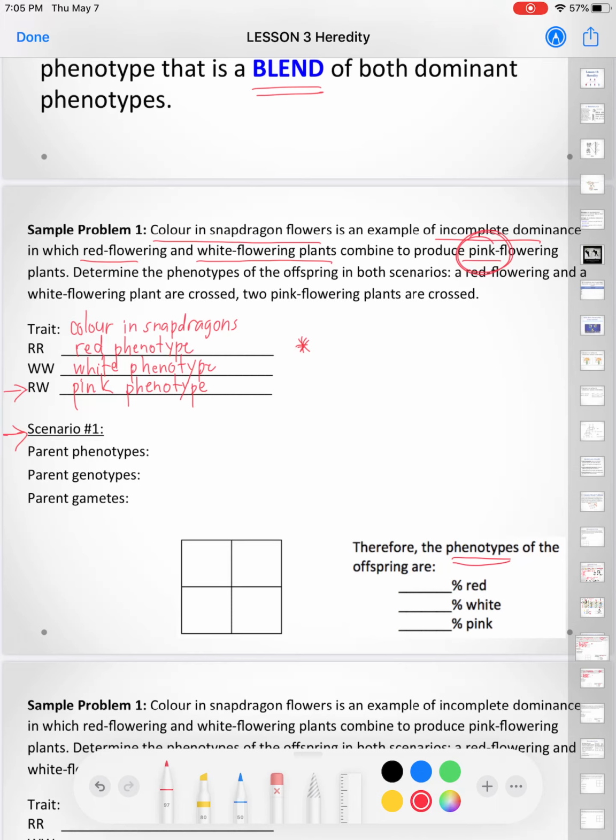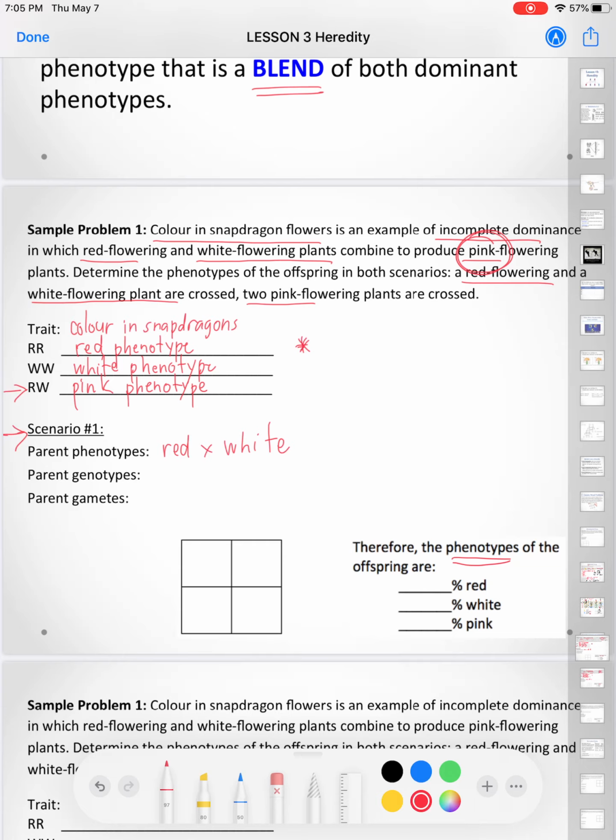In our first scenario, a red flowering and a white flowering plant are crossed.